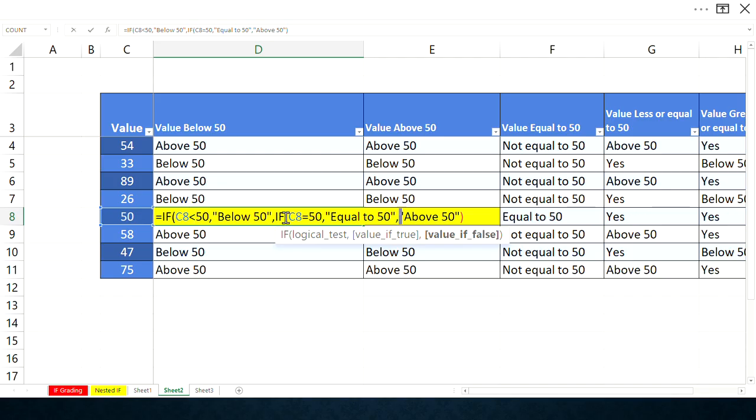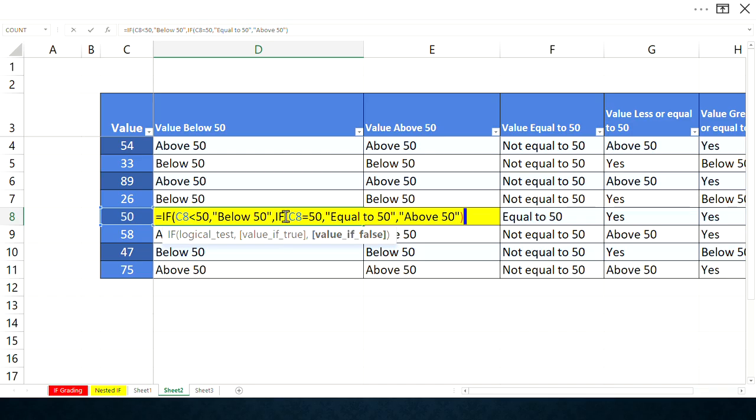There's this condition and there's this condition. Now, because we have two opening parentheses, as you can observe, we must have another closing parenthesis, because parentheses come in pairs.